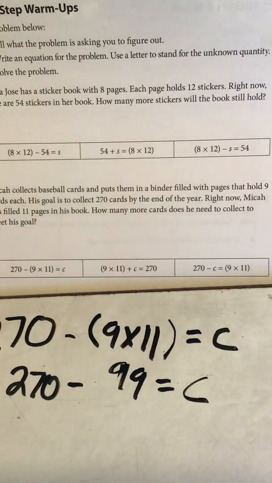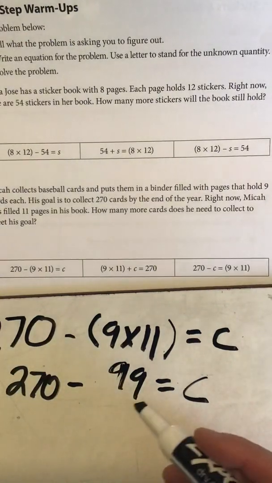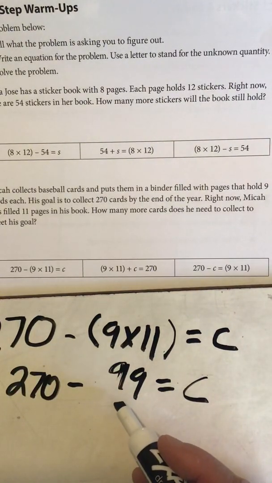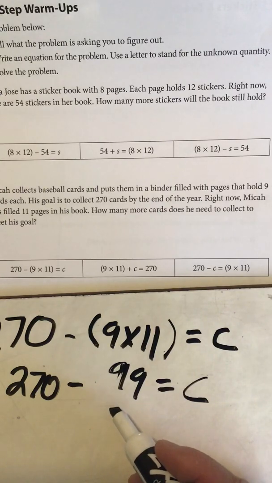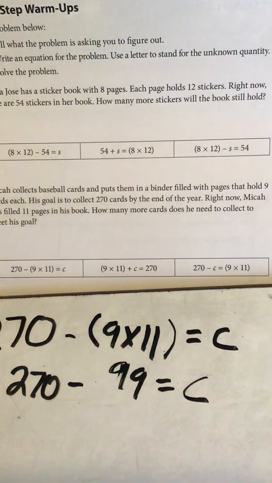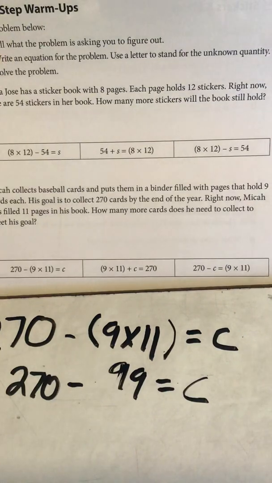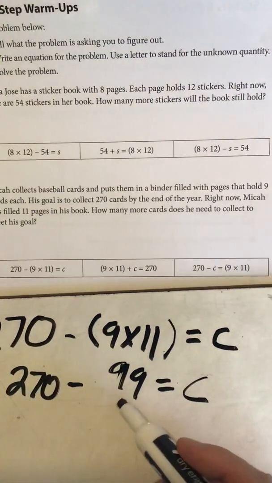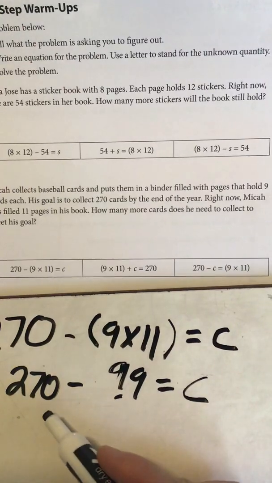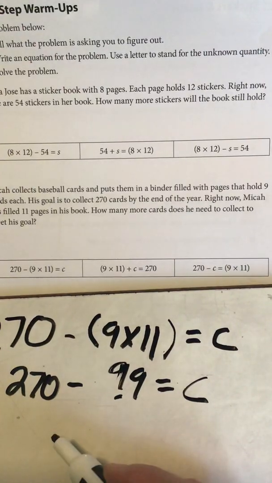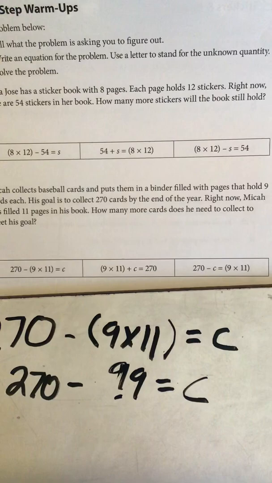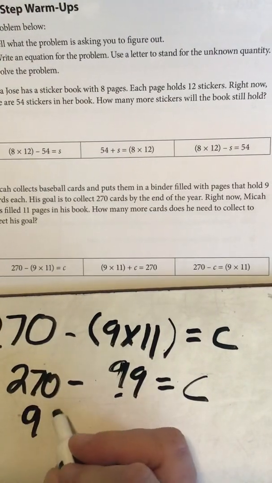All right, so we can make this our friendly number of 100. 270 minus 100 would be 170, but we kind of added one to this side, so we have to add one to that side to balance it out, right?